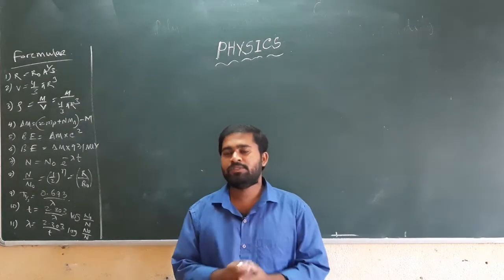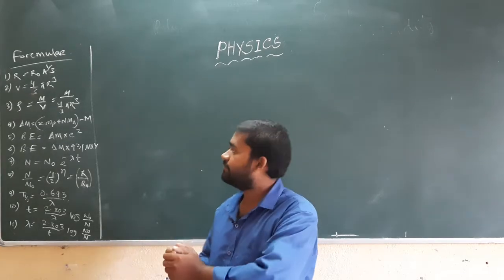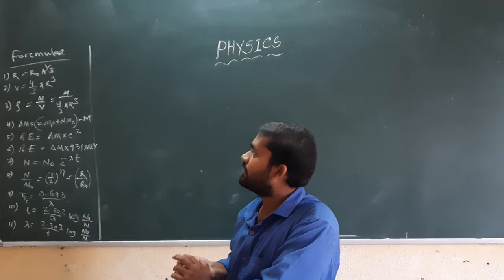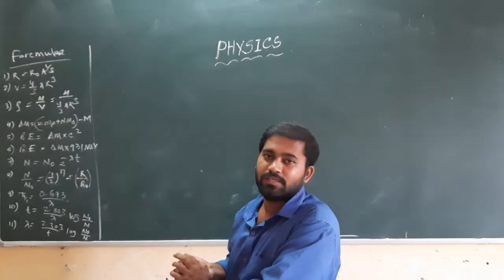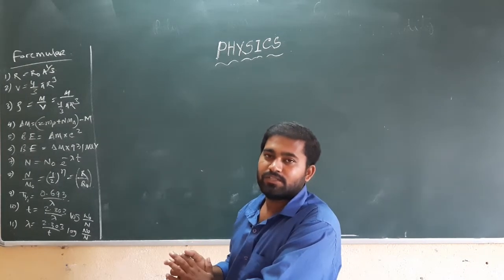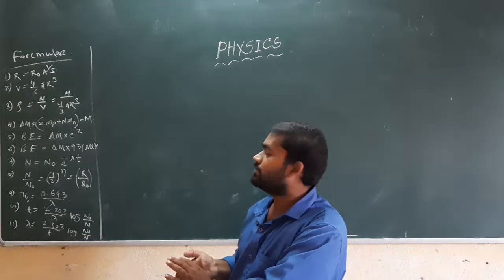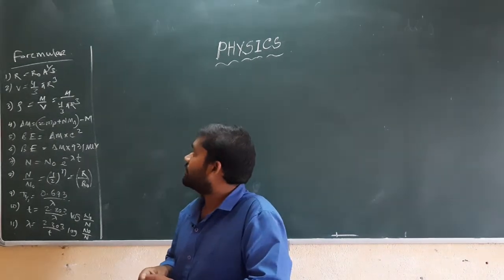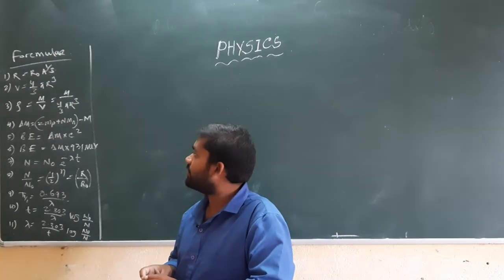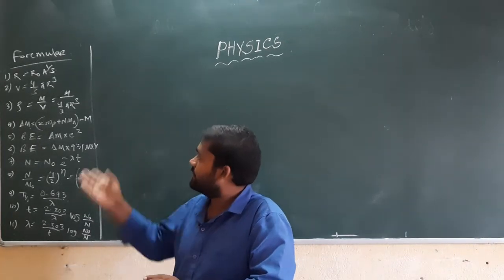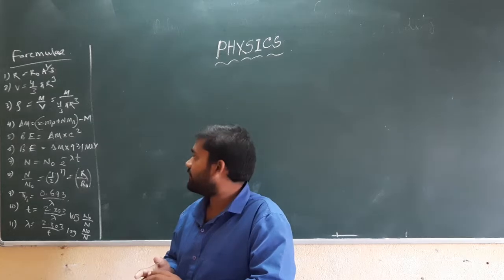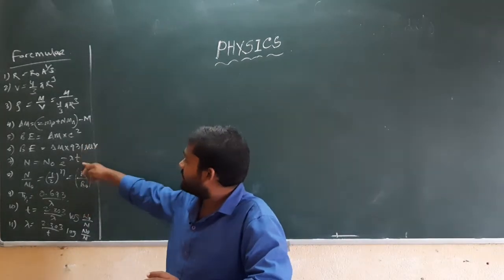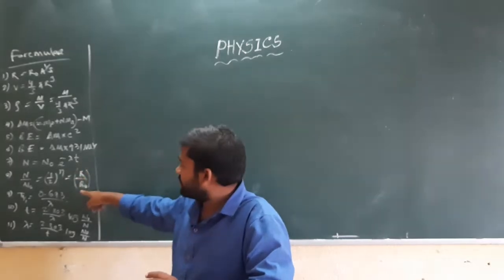We can calculate the radius using the formula r = r0 A^(1/3), where r0 is the minimum value, 1.2 Fermi, with A the nuclear mass number. Then volume, density, mass defect, binding energy, and the radioactive law.